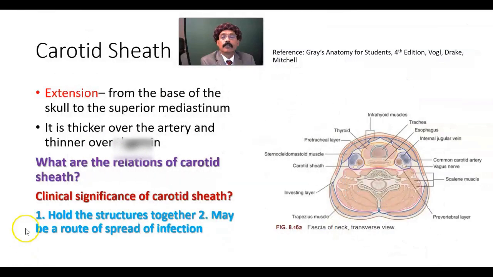So the carotid sheath extends from the base of the skull to the superior mediastinum.